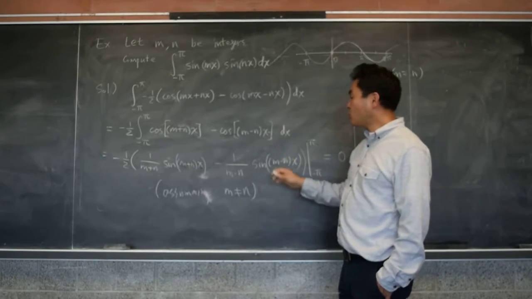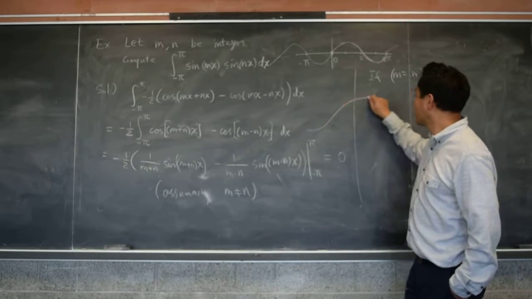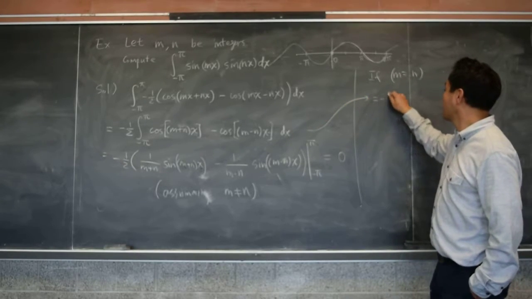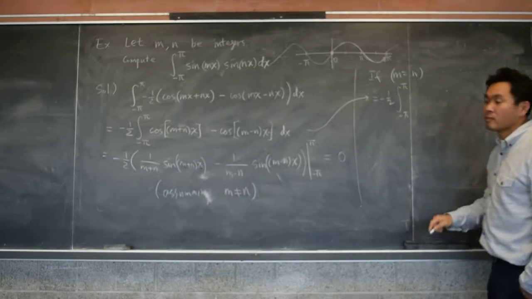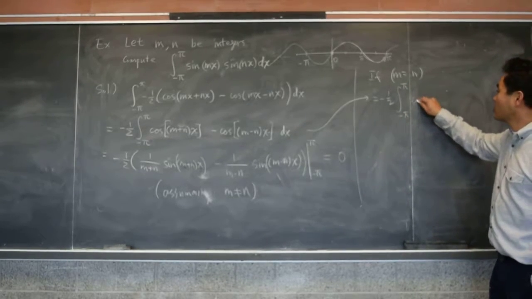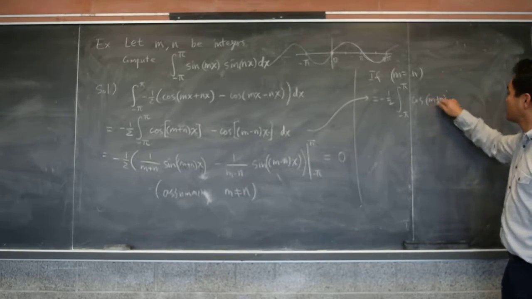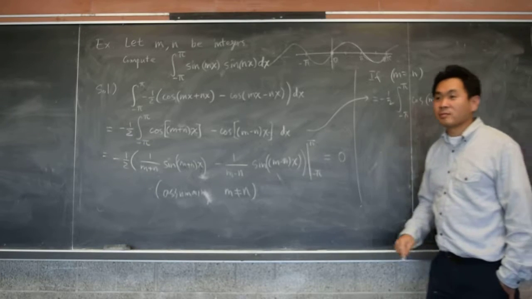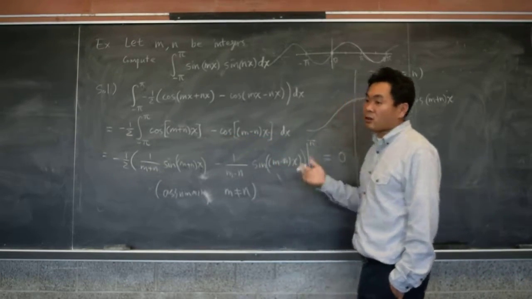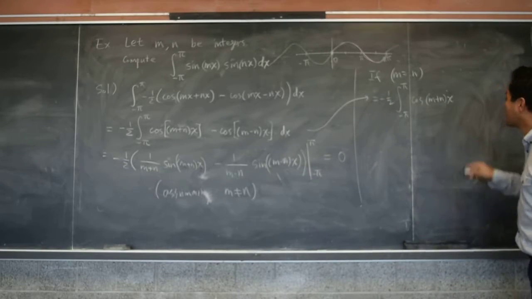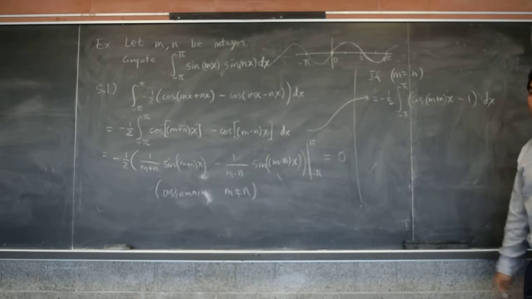Well, what happens here when m is equal to n? If m and n are equal, what do you get here? Oh, 0. What's cosine 0? 1. That's what you get.